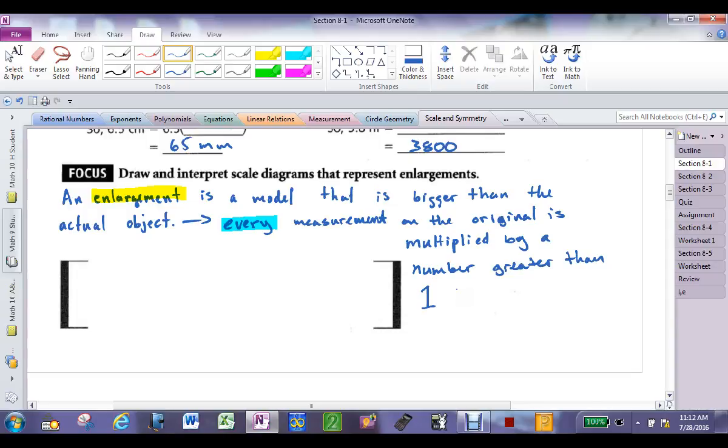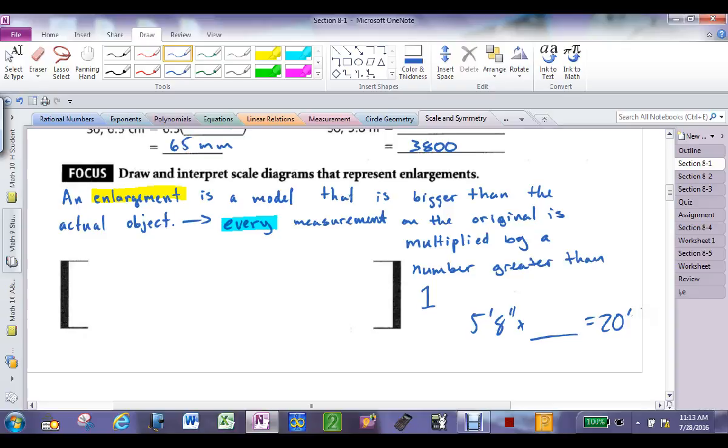Now, you guys all know this. I am 5 foot 8 inches tall. The statue is going to be 20 feet tall. What was the original thing? Me. Is the statue bigger than me? Yes. Since it is 20 feet tall, my height of 5 foot 8 inches would multiply by a certain number to get a statue that was 20 feet tall. Not 20 inches, 20 feet.